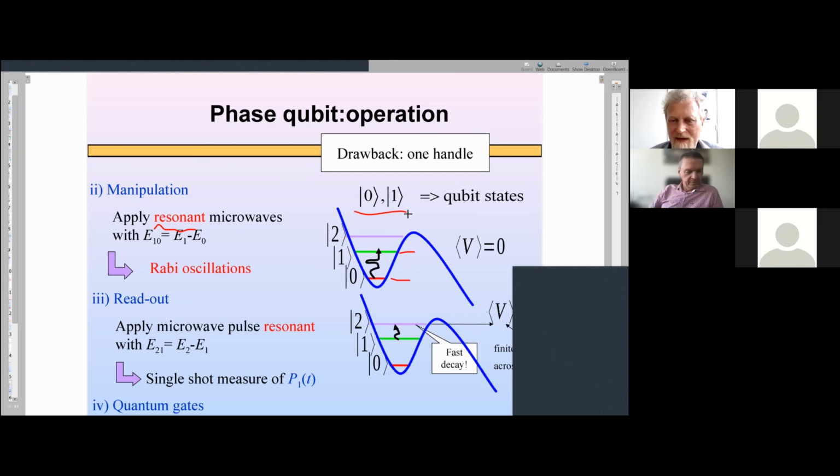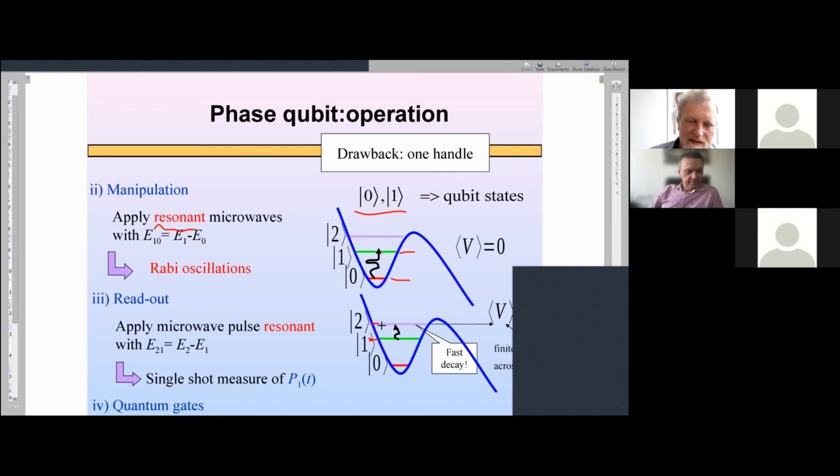That's a very fine model of readout. In this case, one applies a resonant pulse matching the energy difference between 1 and 2. So if you have some probability to be in state 1, it is transferred to the probability to be in state 2, and it gives a fast decay, and it gives a measurable voltage pulse at the junction.